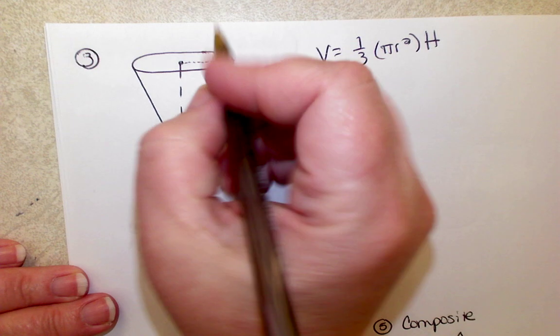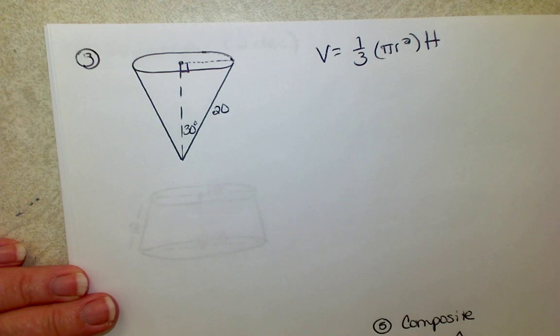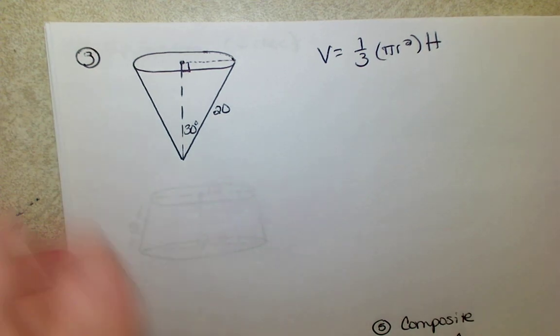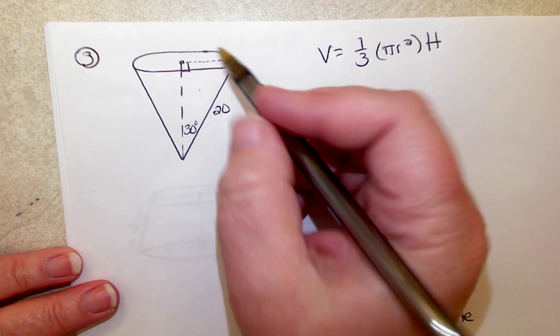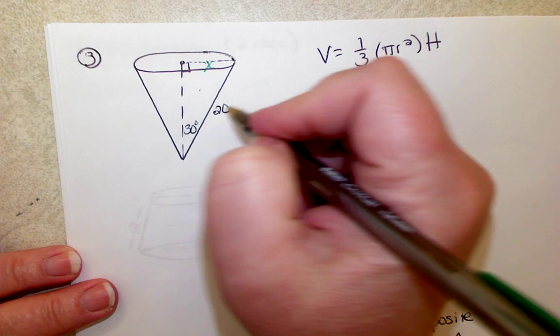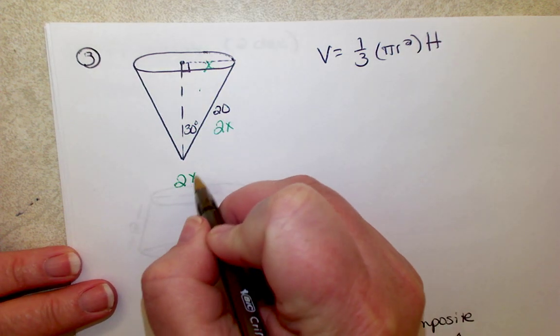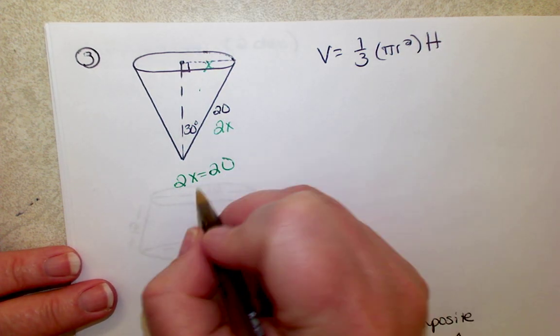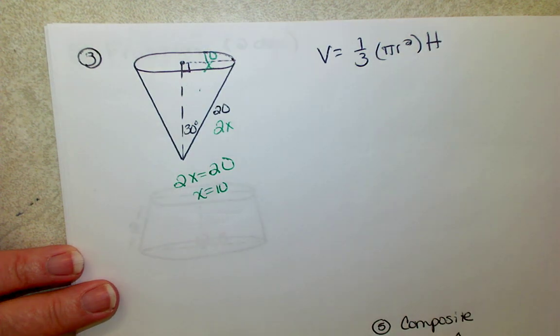Okay, so the altitude and the radius are going to create that 90-degree angle, so we got that right triangle. In a 30-60-90 rule, opposite of 30 is x, and the hypotenuse is always 2x. So if 2 times x gives you 20, that means x is 10. So opposite of 30 is going to be 10.